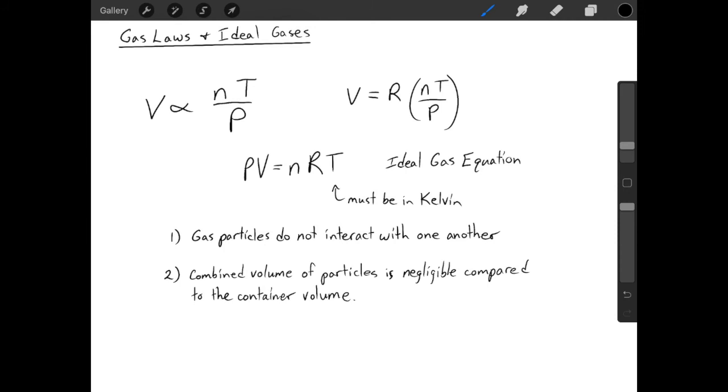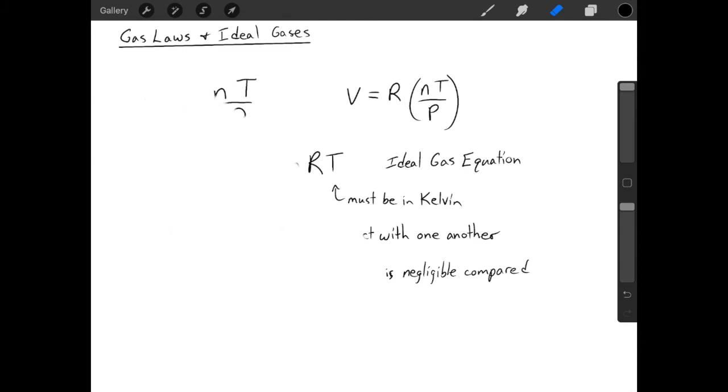Gas particles are real things that will interact with one another with attractive and repulsive forces and collisions. And gas particles are real physical matter that take up real physical space, so you can't ignore their volume. That being said, most of the gases that you'll encounter behave ideally enough that you can use the equation and not be too far from the correct answer.